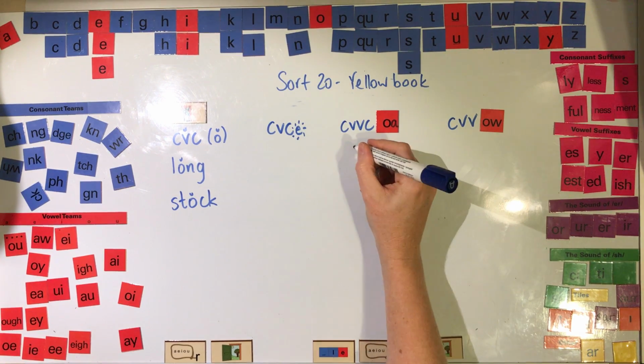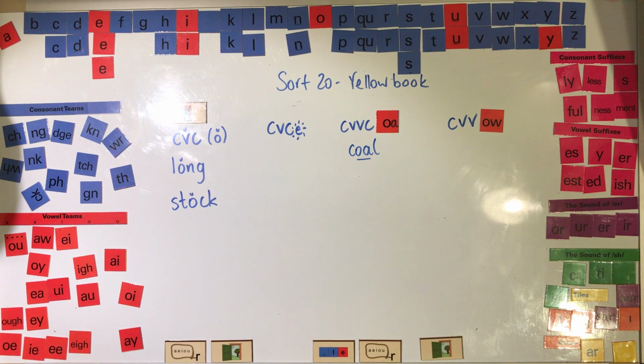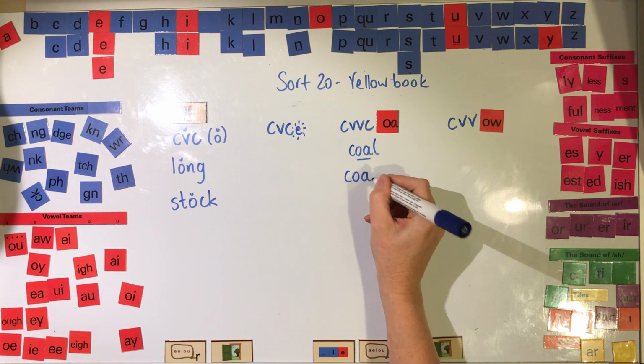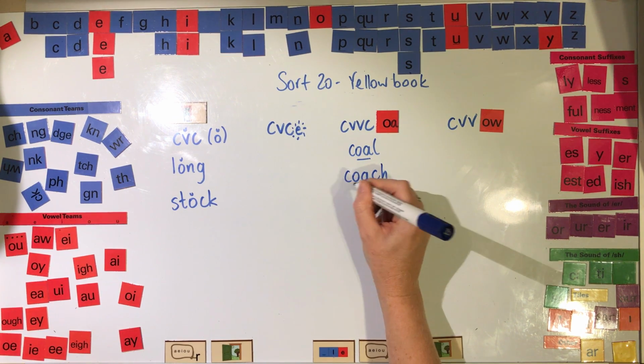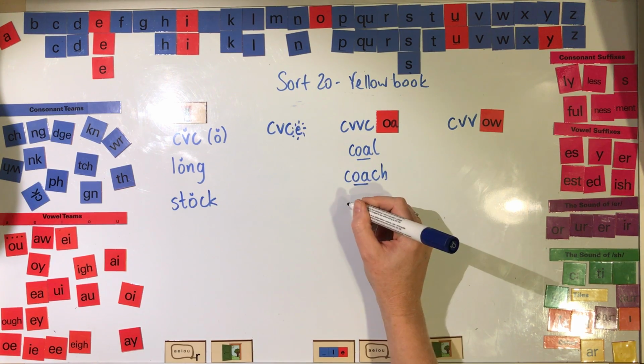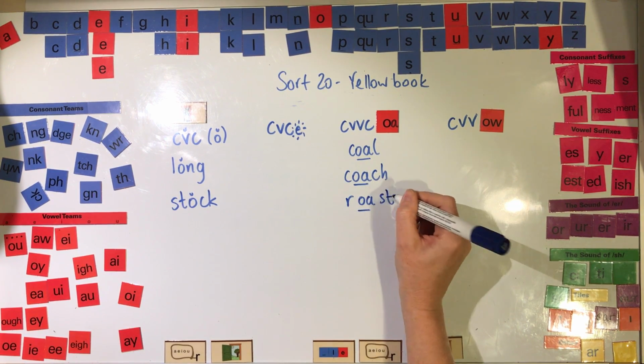So we will put coal under here. That uses that vowel team to make that O sound. It's not really an O sound, it's more our accent than anything though. Okay, and while we're under here, I'm going to write coach, C-O-A-C-H. And roast, R-O-A-S-T. Roast.